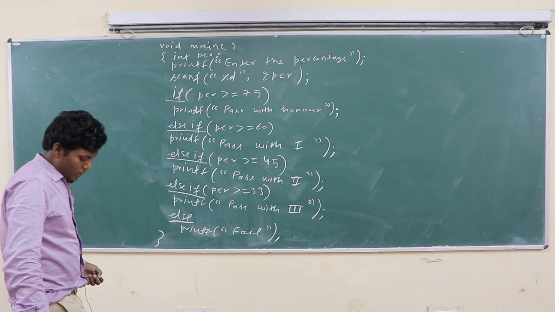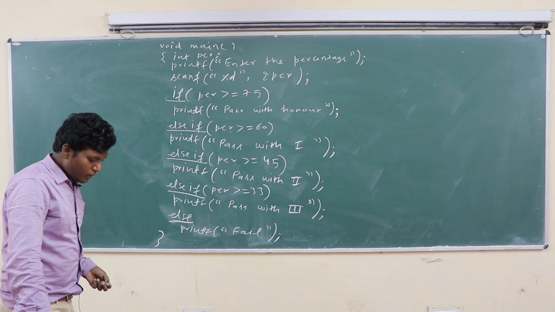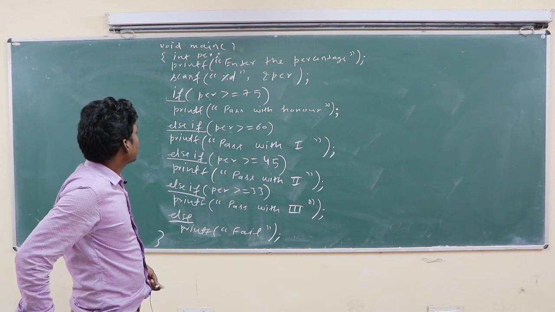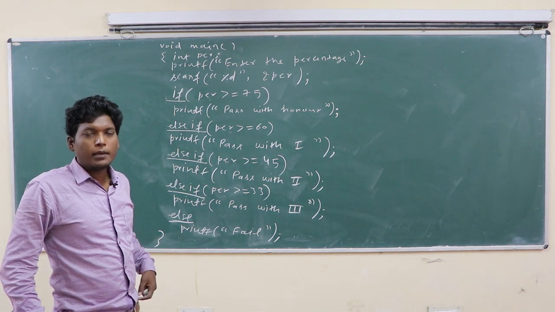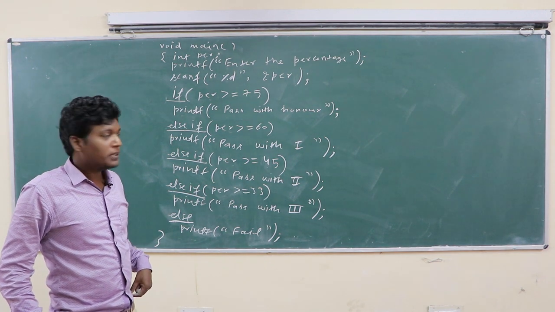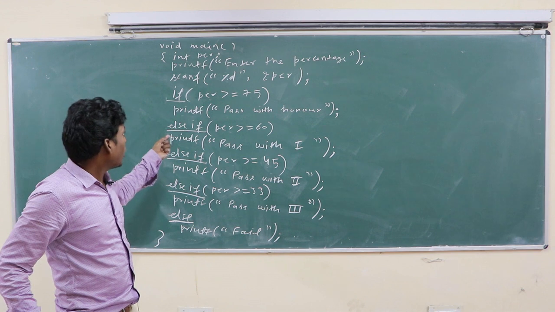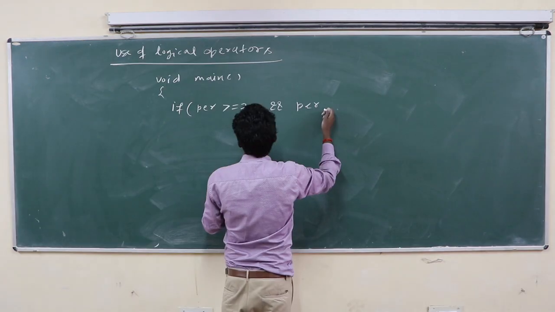So in this example we check whether the student is fail or pass. If pass, then with what grade, with another methodology, that is the else if ladder.